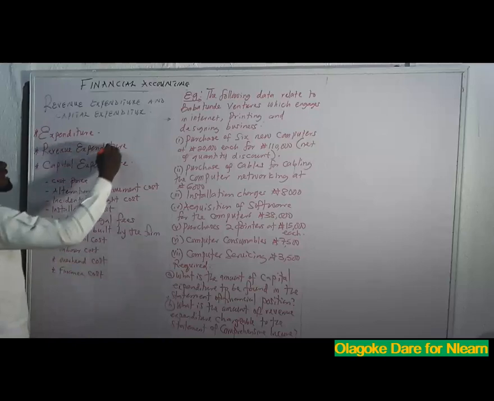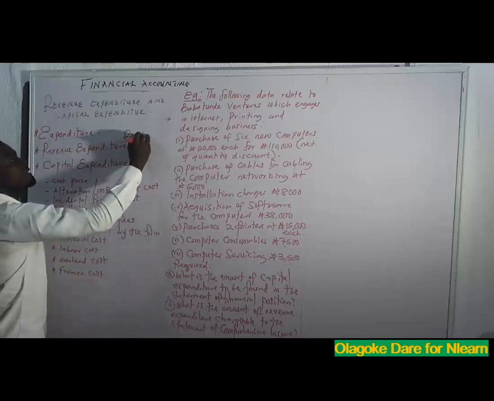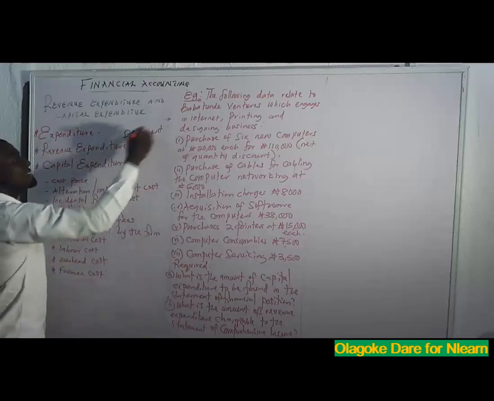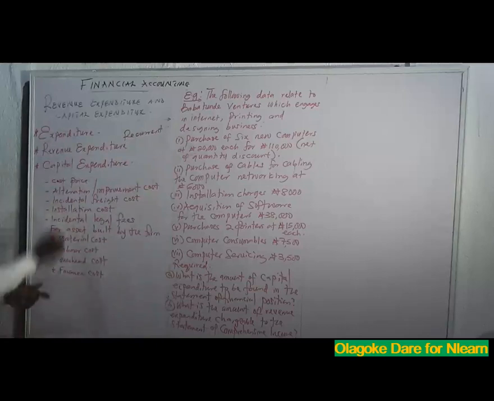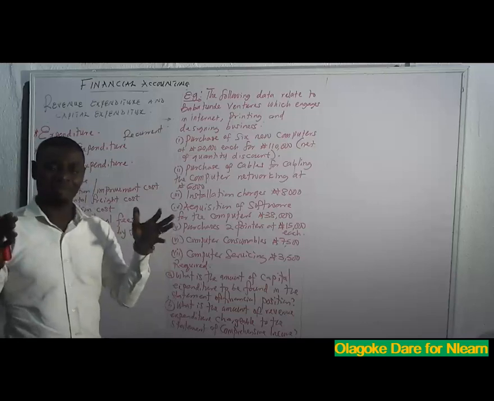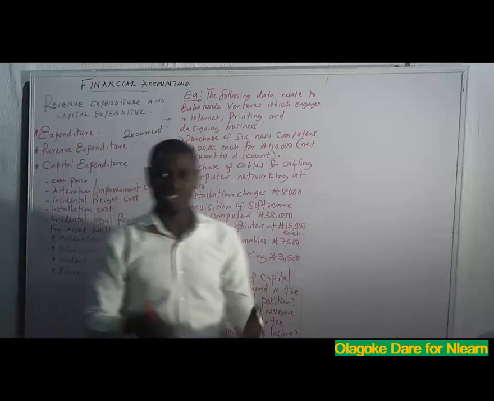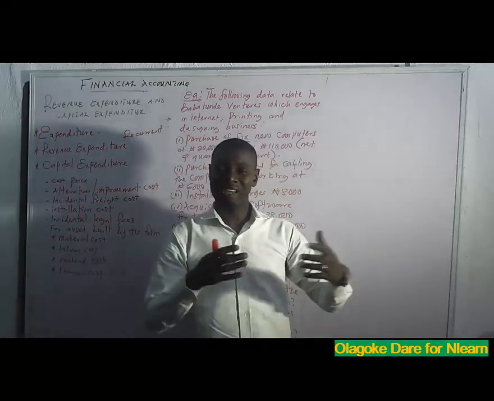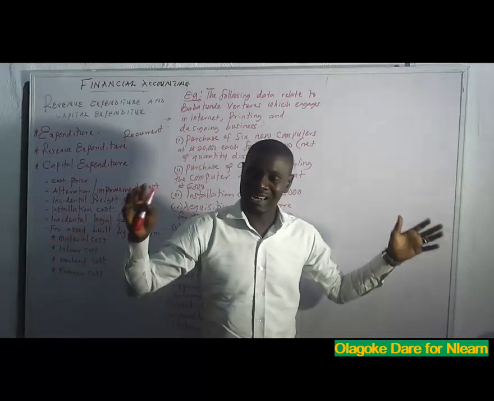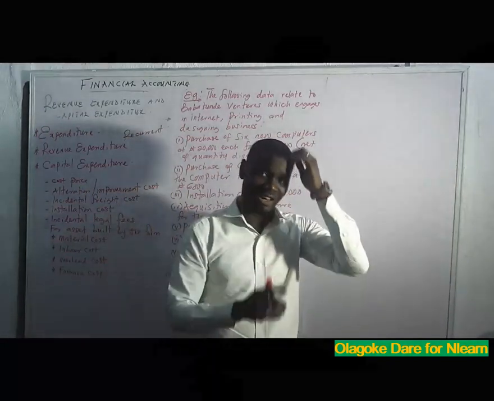Revenue expenditure can also be called recurrent expenditure. What is revenue expenditure? Revenue expenditure is expenditure incurred by a business organization in which the benefit will last for a particular year.